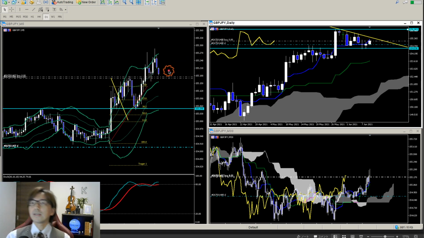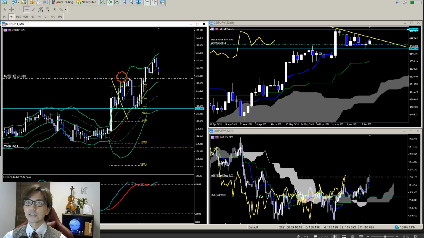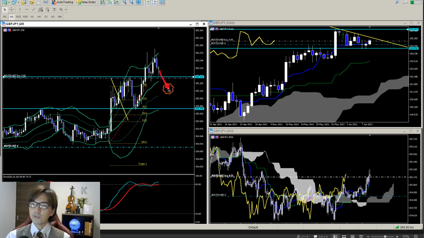So the exit scenario in this case is that if the market breaks the reversal line over here, which is in the 5-minute chart at around 155.17 level, if the market breaks here downwards this way, and let's say if the market reverses backward this way in an N wave, then I might exit.